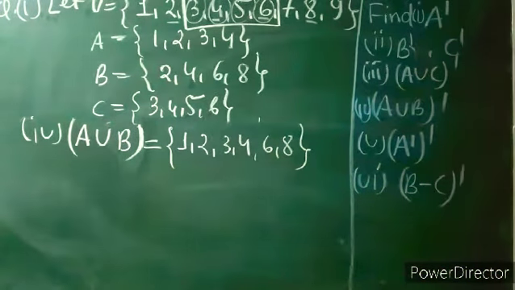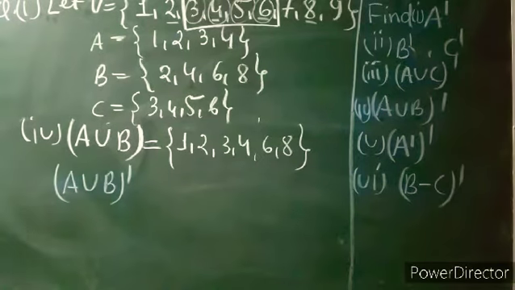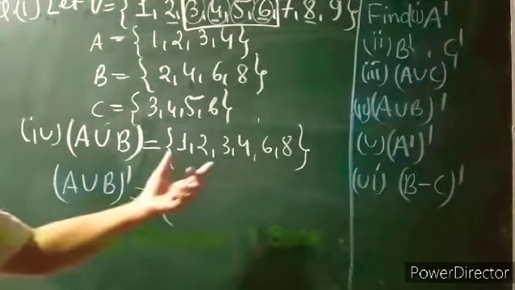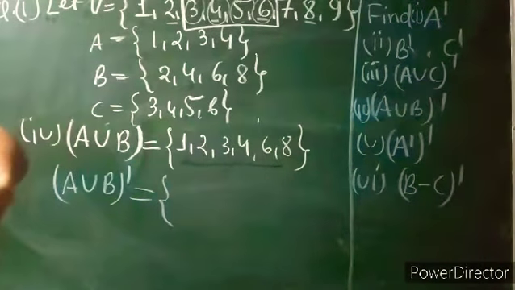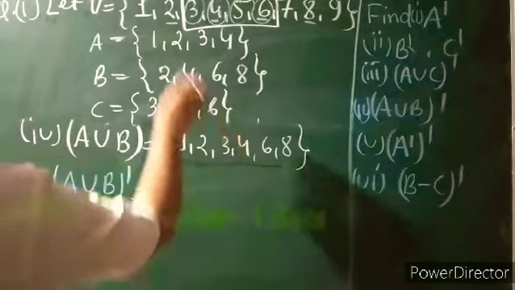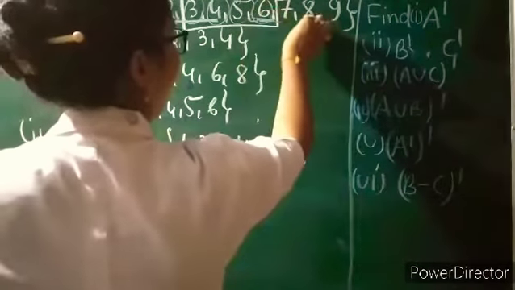So now we will find the complement of A union B. Except these, we take all the other elements: 1, 2, 3, 4 and 6 and 8 are excluded.